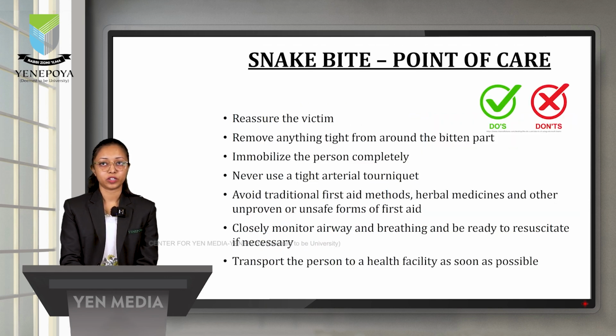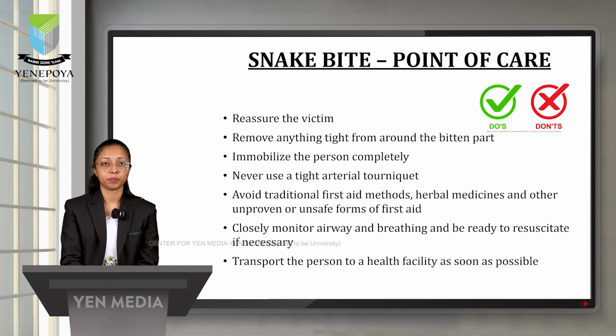Now, snake bite point of care, what we should do, what we shouldn't do. First, reassure the victim, remove anything tight from around the bitten part. If the bitten part is upper extremity, remove any accessories like rings, watches or bracelet. If the bitten part is lower extremity, remove anklet, shoes and socks.